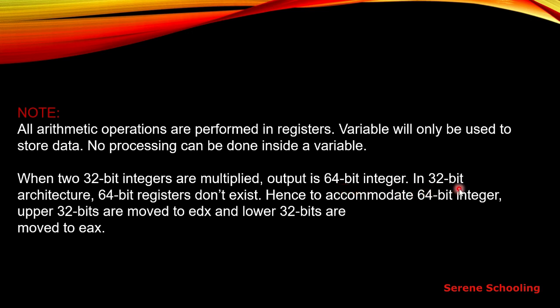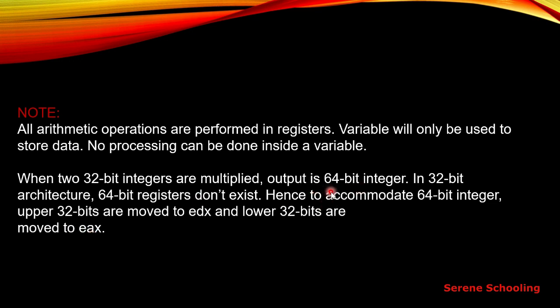In 32-bit architecture, 64-bit registers don't exist. Hence, to accommodate a 64-bit integer, the upper 32 bits are moved to EDX, right? And the lower 32 bits are moved to the EAX register. In this way, we can solve the problem of storing the 64-bit integer.